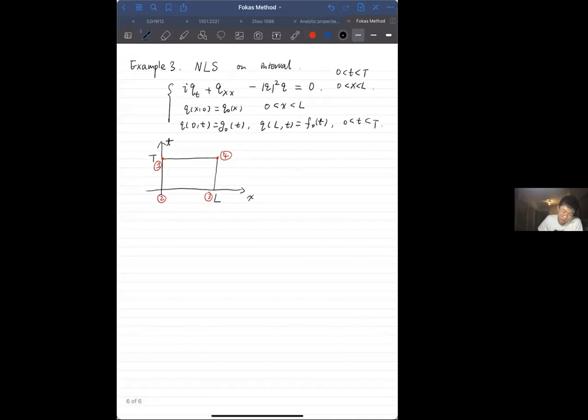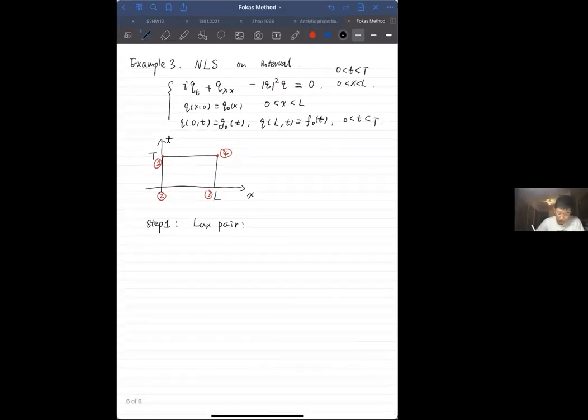Again, the first step is the Lax pair, which is well known for the nonlinear Schrödinger equation. We can write down the Lax pair, but now in matrix form.